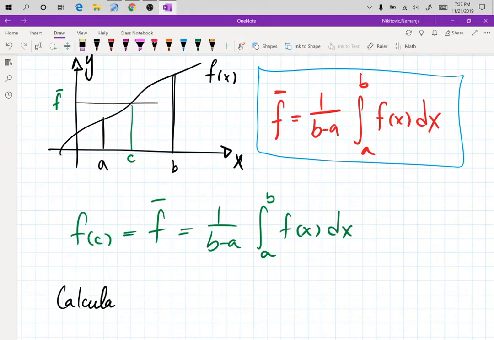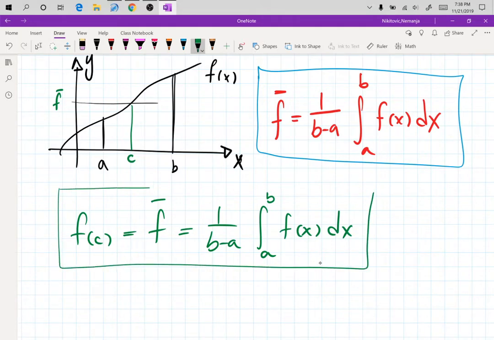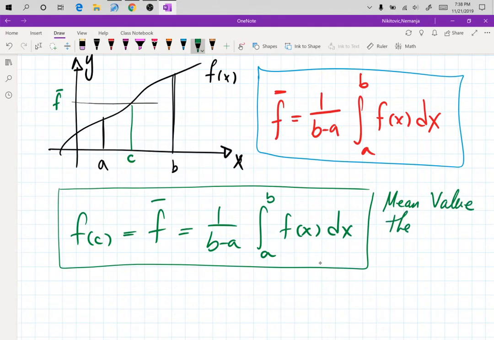Let's actually say, oh, I'm gonna give this a name. Mean value theorem for integrals.